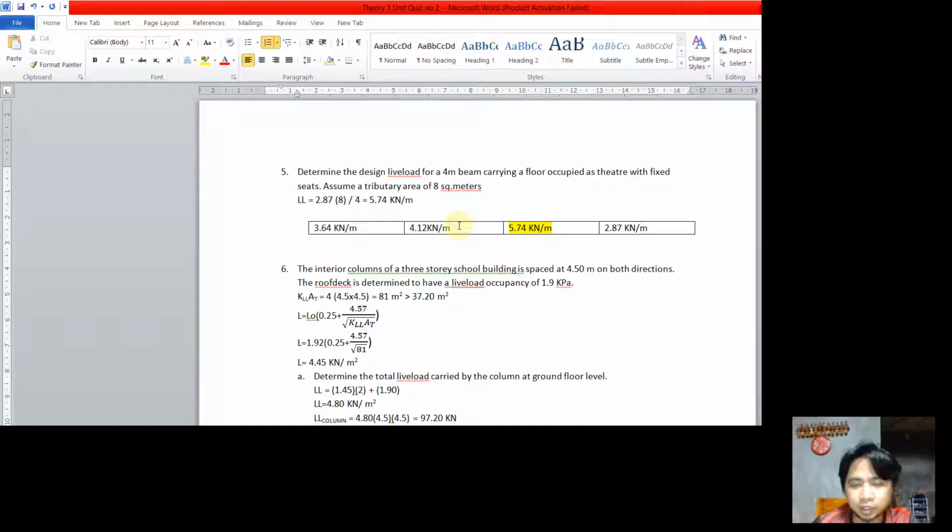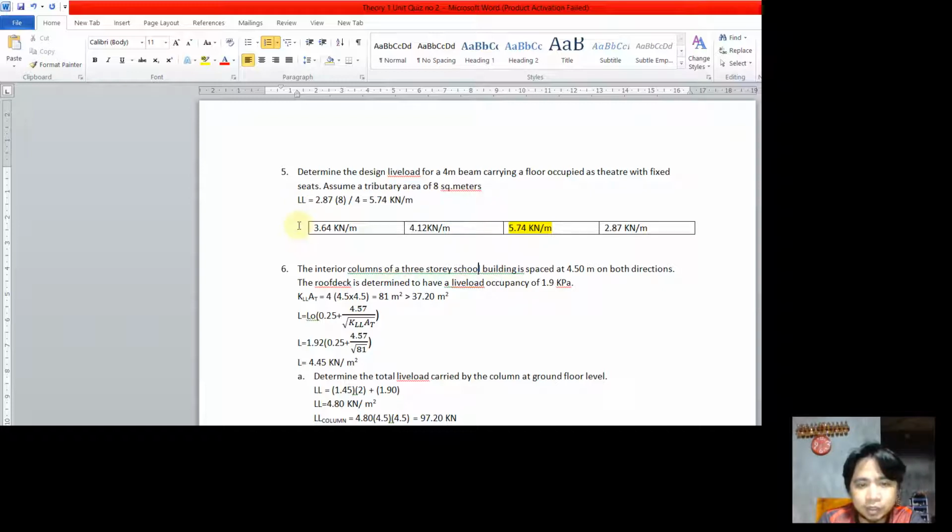So number 6 is an example of live load reduction. So it mentioned that the building is a 3-story, or it is carrying more than 1 story. So it is being used as a school building, and the columns are spaced at 4.5 meters in both directions.